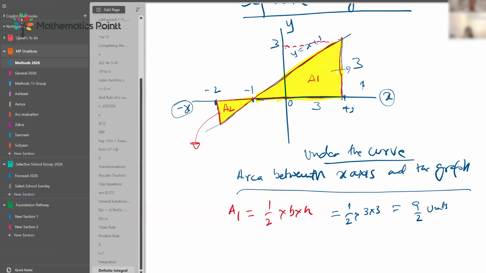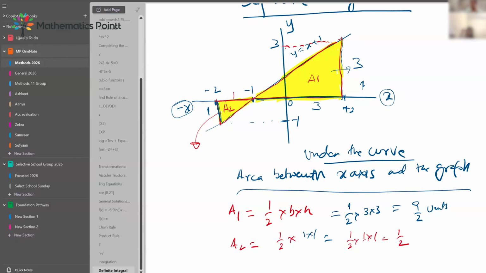Now, what is the area of A2? Ignore the negatives for a second. What would that be? That is half base times height. Base is 1. And let's say this is also minus 1 here. So the height is 1 as well. So half times 1 times 1 is half units.